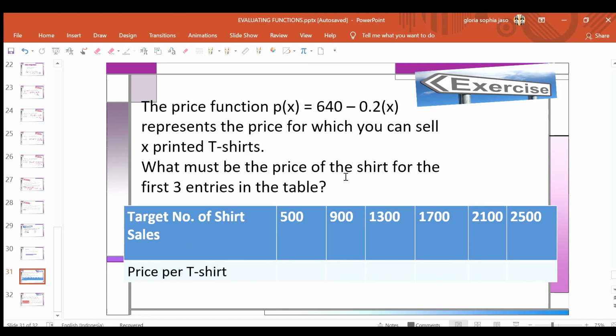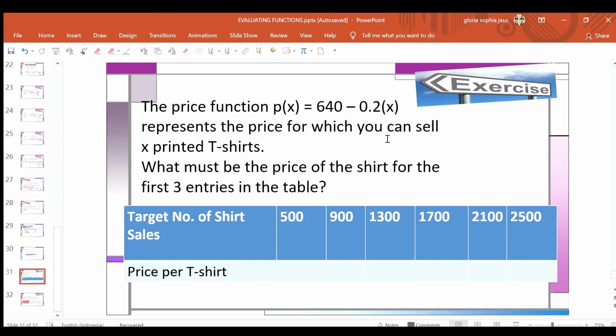Okay? So, try nga natin evaluate tong mga to. So, using this function. So, isa-substitute lang natin yung inputs natin to get the output, which is the price of t-shirt. Okay? So, price per t-shirt. Price yon ng individual na t-shirt. So, gawin nyo to class.